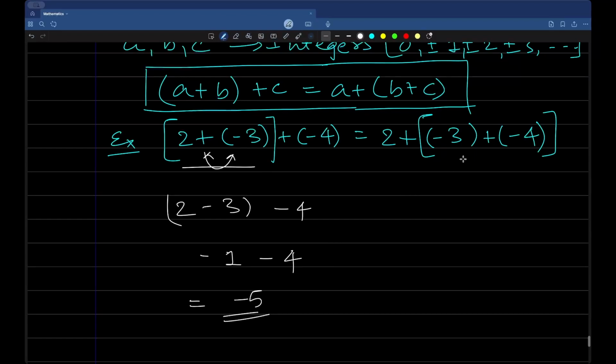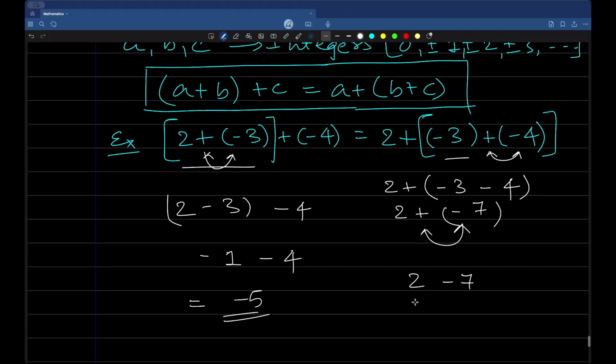Now solve for RHS, that is minus 3 plus into minus is minus, we have minus 3 minus 4 is minus 7. We have 2 plus minus 7, plus into minus is minus, so we have 2 minus 7, that is equals to minus 5.